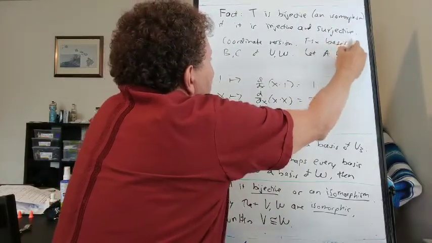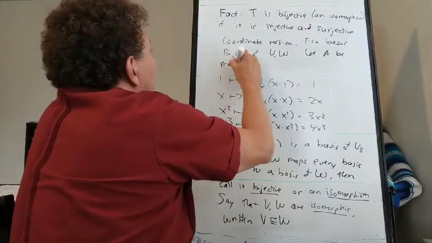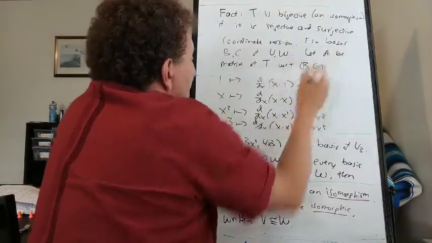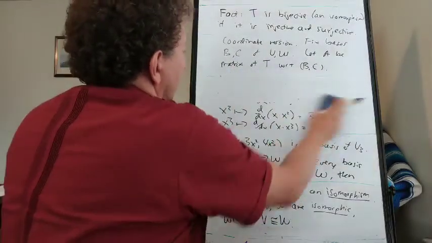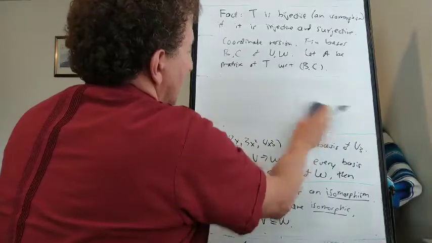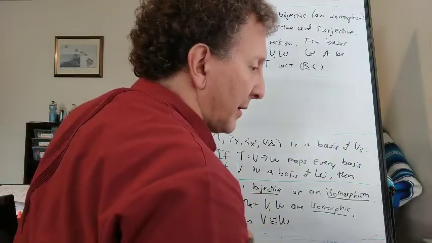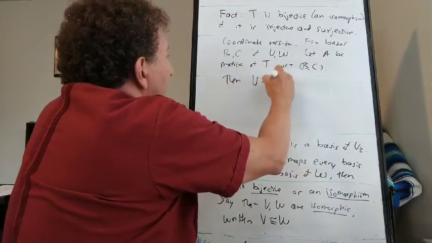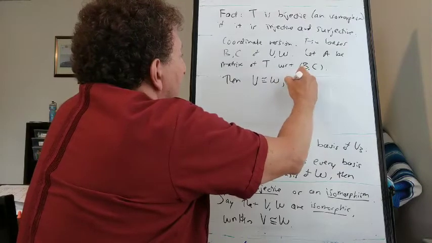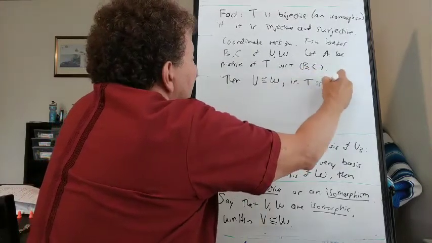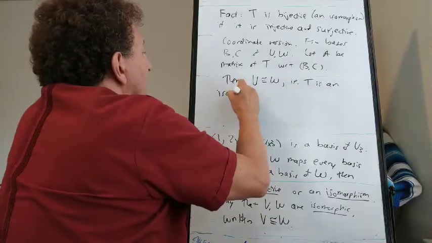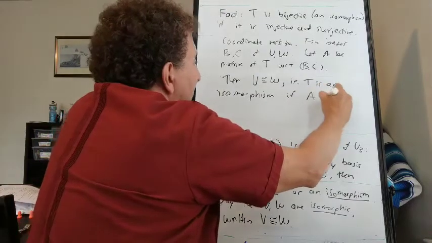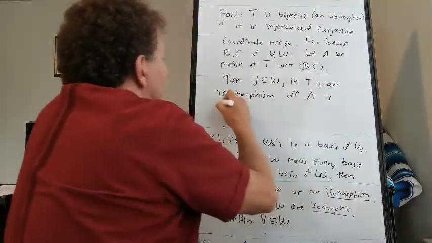Let A be the matrix of T with respect to the bases B and C. Then V is isomorphic to W. In other words, T is an isomorphism if and only if A is invertible.